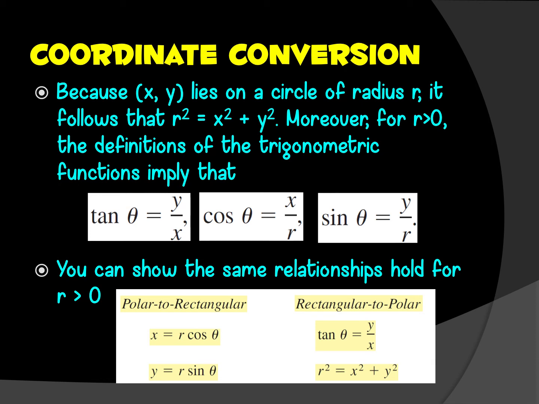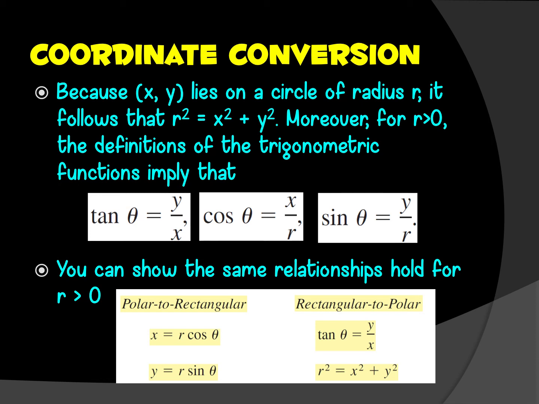And then I can work backwards to figure out what r is, or I can use these little shortcuts. If I set up a triangle using the coordinate point as the end point of the ray, tan would be y over x, cosine would be x over r, and sine would be y over r. So we are going to use the sine and the cosine to get the x and the y, and we're going to use the tangent to get theta.